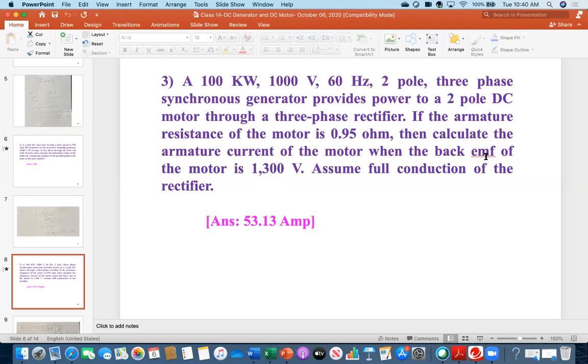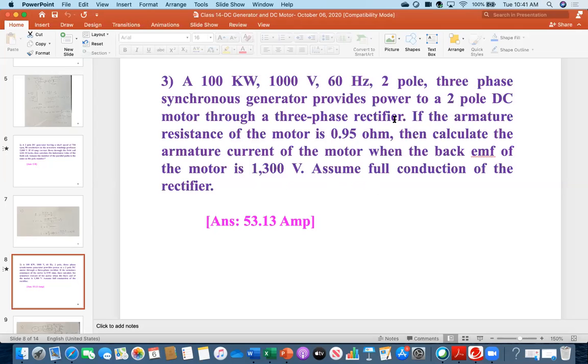The back EMF is actually the back voltage. So you all know that voltage is called electromotive force. EMF stands for electromotive force, which is the back voltage. It is the same. Motor is 1300. Assume full conduction of the rectifier. So what is happening, although we are talking about the motor, I am giving the motor voltage.